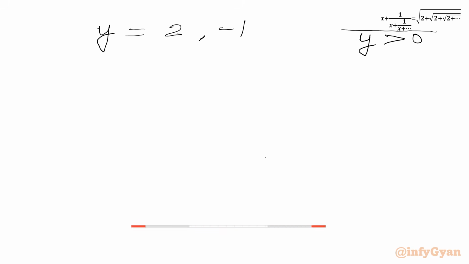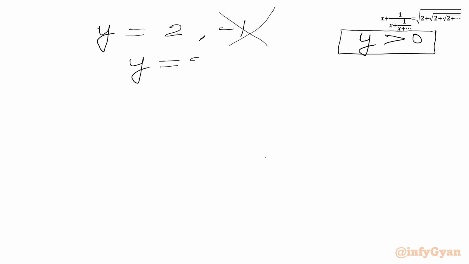But there is condition on y should be greater than 0. On this ground we will reject negative 1. So y must be equal to 2 only. Now we will equate y with LHS of the original equation.